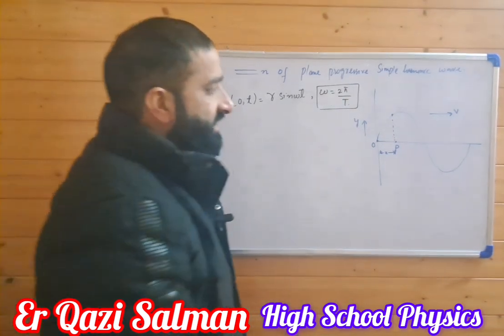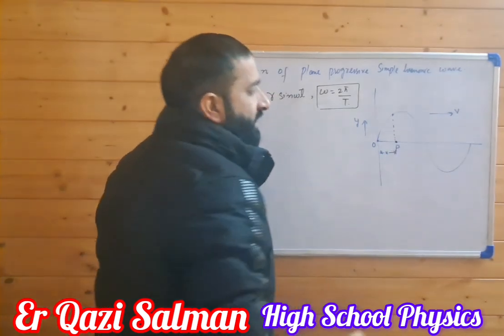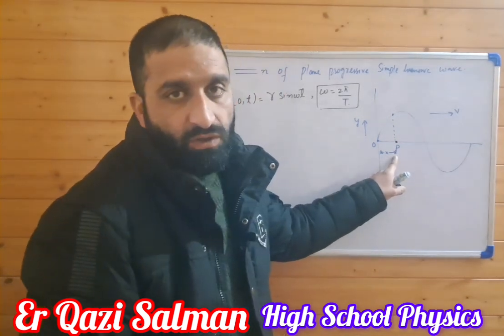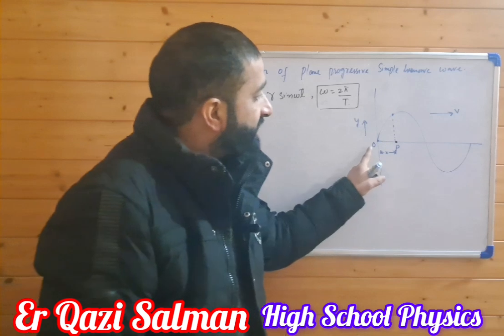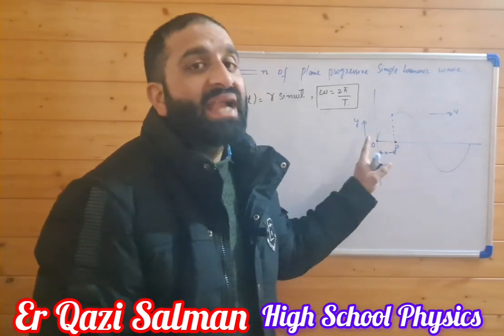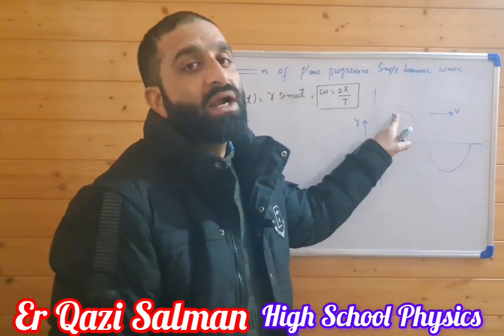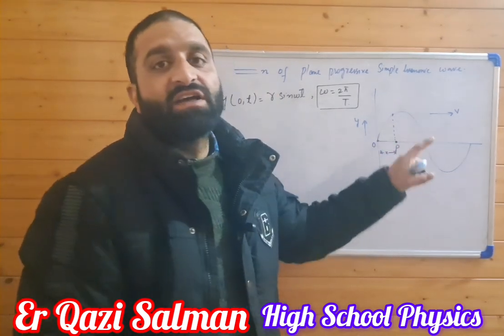Now let us see, when the disturbance reaches this particle, at P its displacement will be equal to x. But one thing should be understood: the disturbance reaches the point P at a later time. That means this particle lags behind the particle here by a phase angle of phi.